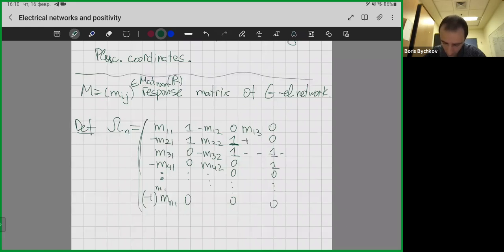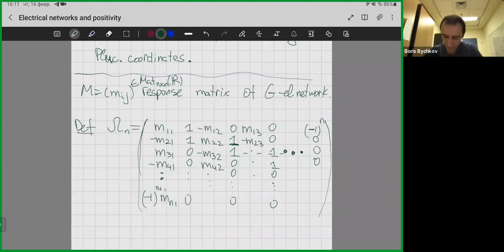Minus M2, 3. Yes. So, and etc. And we have the last column is minus 1 to the n, and then 0, 0, 0.